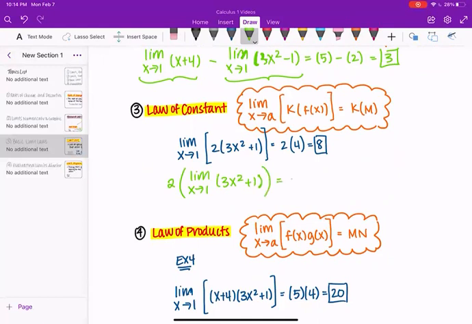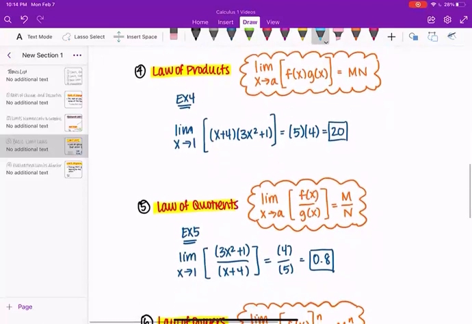So that would be 2 times, if I plug in 1, 3 times 1 squared, which is 3, plus 1 is 4. So I get 8 for that one. And again, as expected, they match. So let's try the law of products.